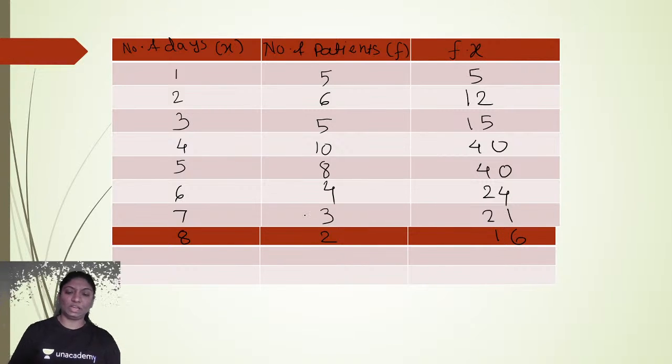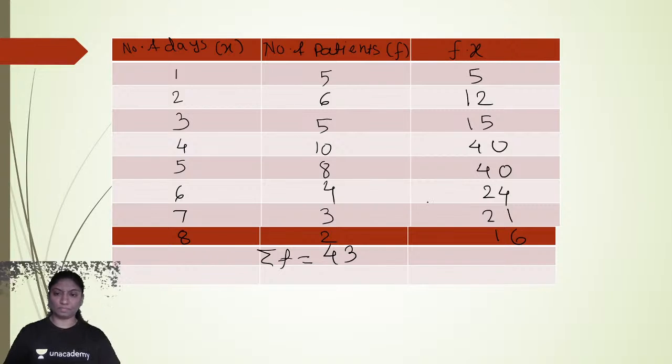We require the summation of f, the sum of frequencies. Here 6 plus 1, 7 plus 4, 11 plus 5, 15 plus 5, 21 plus 2, 23 plus 1.